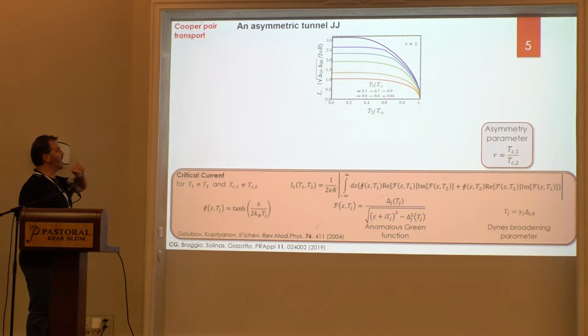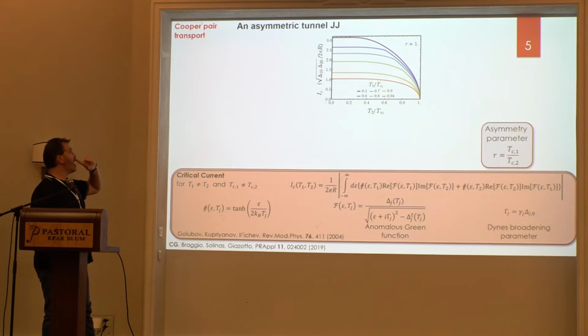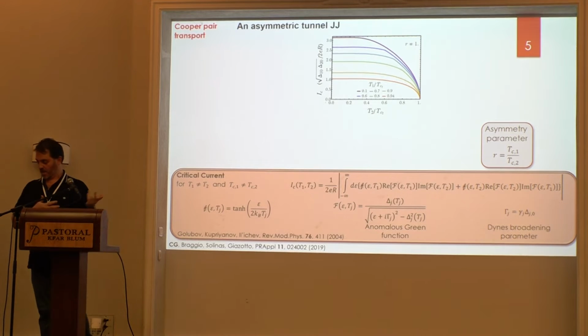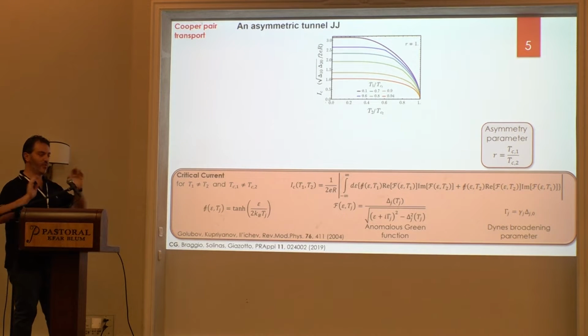So let's start from the case of a symmetric system, so R is equal to 1. In this case, we have a critical current that resembles the Ambegaokar-Baratoff that monotonically reduces by increasing the temperature. We are assuming to change both temperatures T1 and T2, left and right.